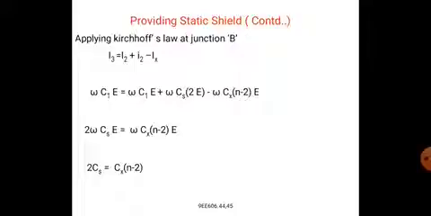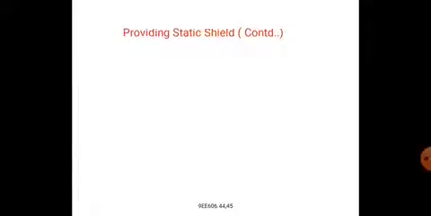So CX is equal to 2CS by n minus 2. That is equation 2. In both cases we get the values of CY and CX.